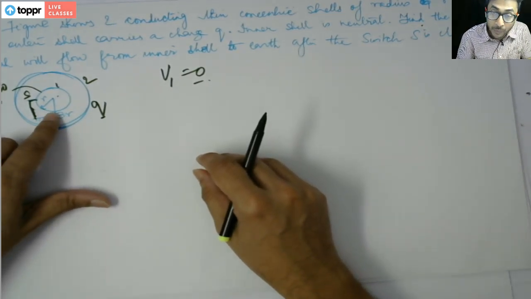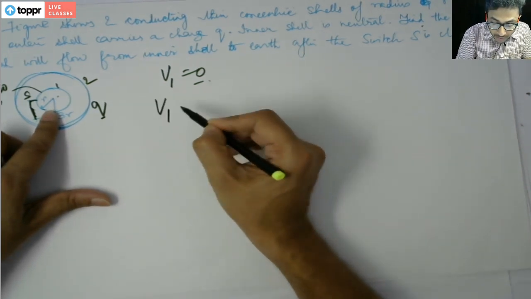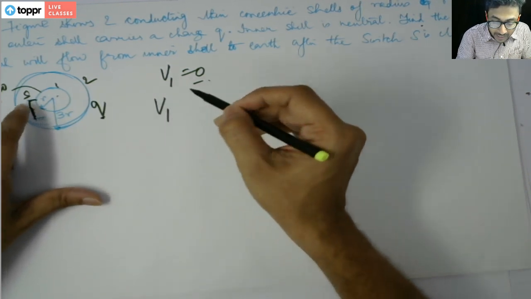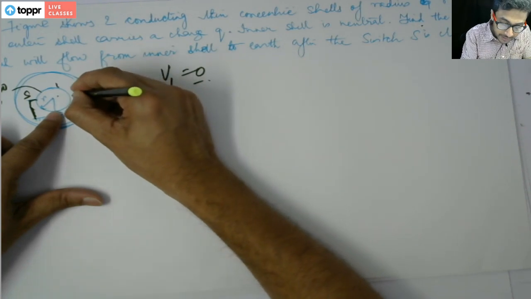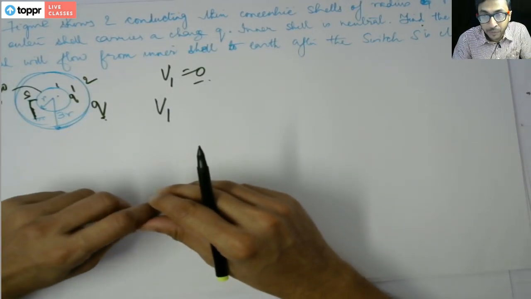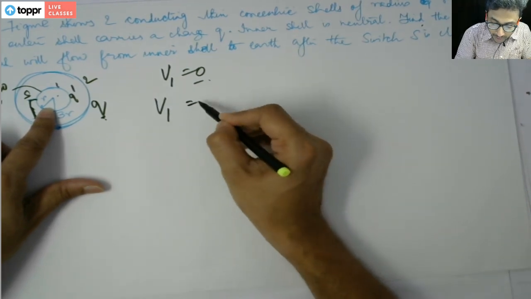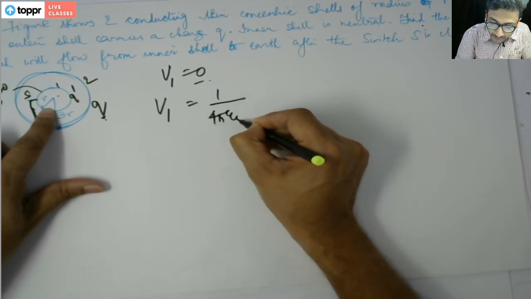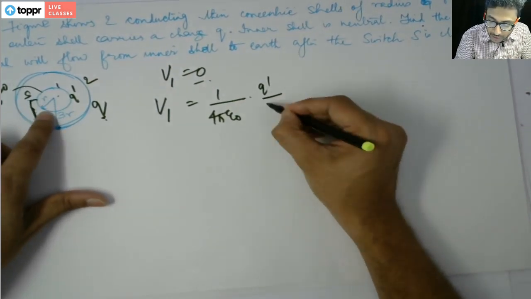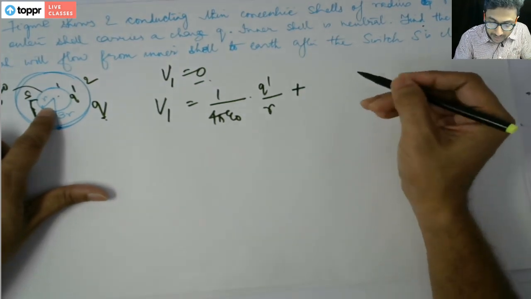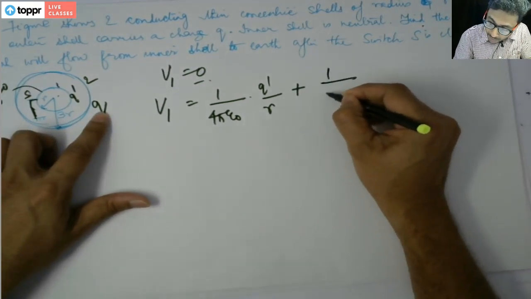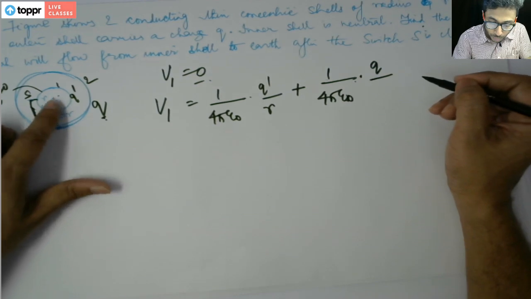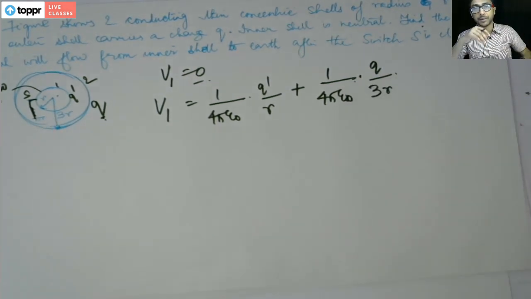Now, from voltage equations, you know what the voltage at 1 is. Say this is Q dash and this is Q. The voltage at 1 can be written as 1 by 4 pi epsilon 0 Q dash by R plus 1 by 4 pi epsilon 0 Q by 3R.